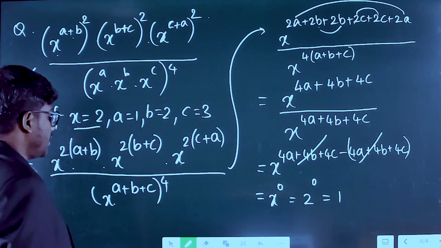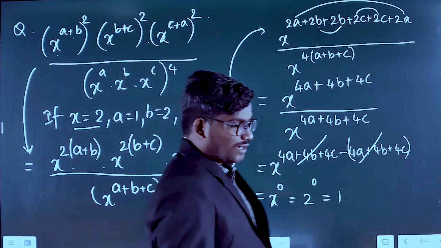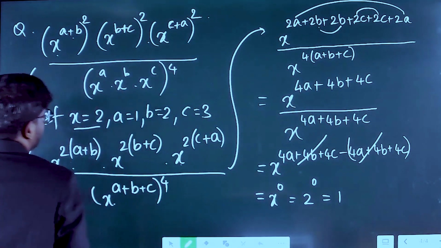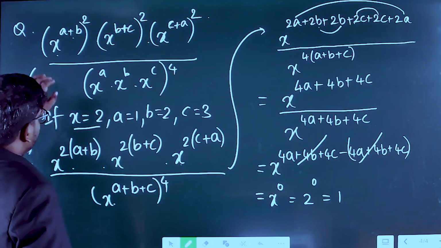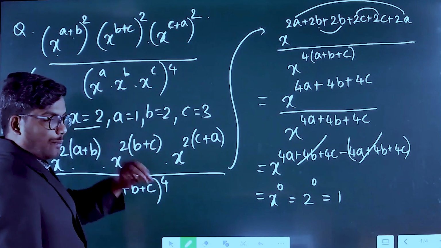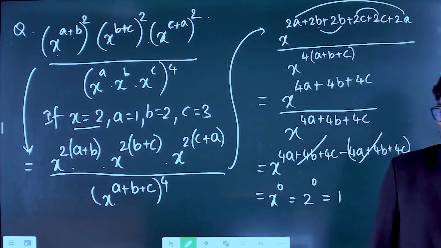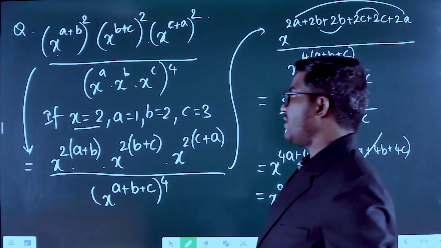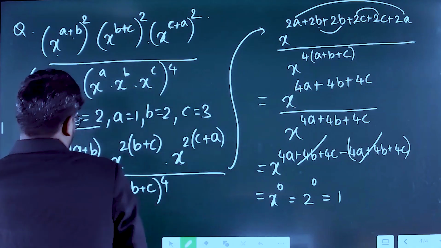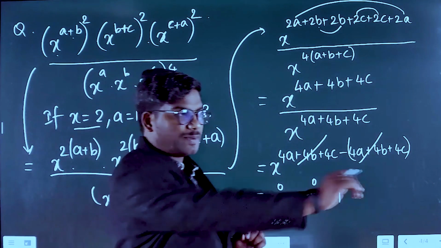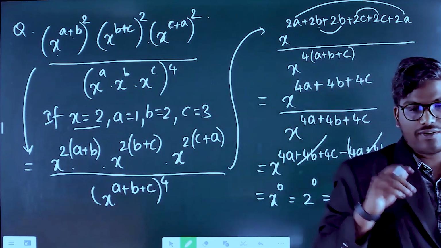Is it understood? We did not require the values of a, b and c. So essentially, (x power a plus b) whole square became x power a plus b into x power a plus b, which is x power 2 times (a plus b), into x power 2 times (b plus c), into x power 2 times (c plus a), right?